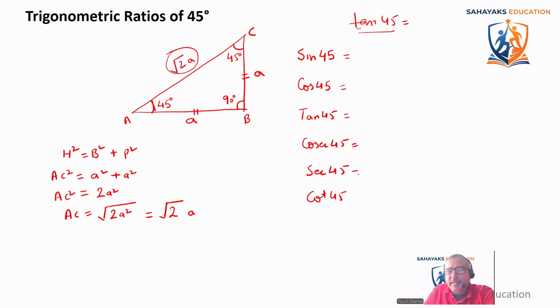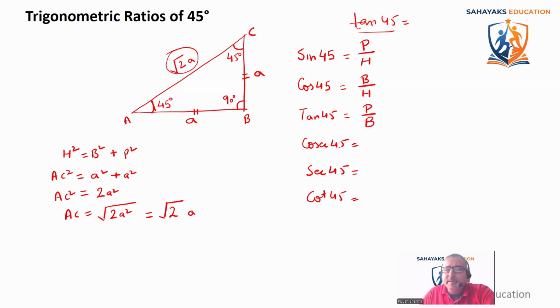Let us find out quickly. We know that sine is a ratio between perpendicular and hypotenuse, isn't it? We know cos is a ratio between base and hypotenuse. Tan is perpendicular by base, my mistake.